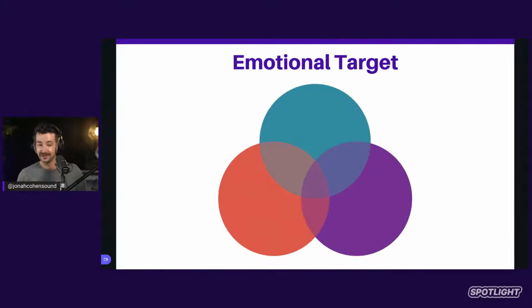So when you're doing any of this, it's important to remember your emotional target. You have these formats you can use, but at the heart of it, every single post you make, every video you make should be one of these three things or a combination. Either inspirational, kind of like the one I did, educational, kind of like the first two I showed, the tips and tricks or the tutorials, right? Or funny, comedic.